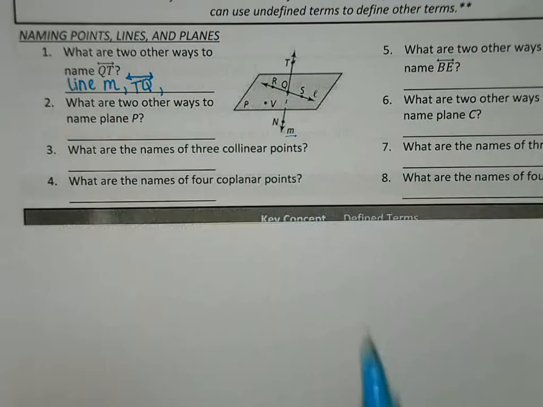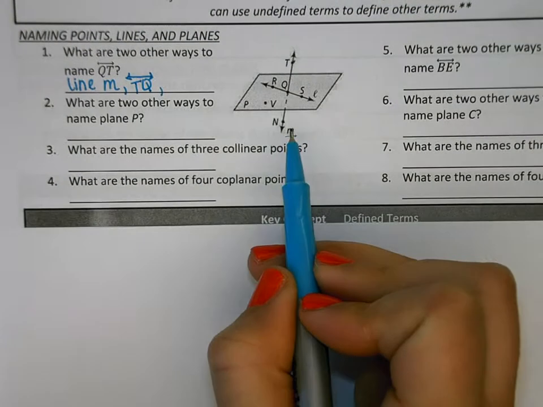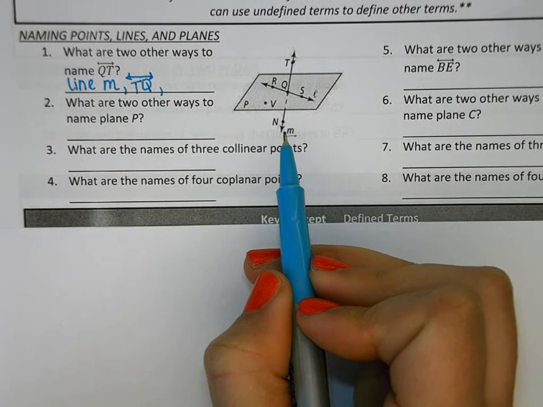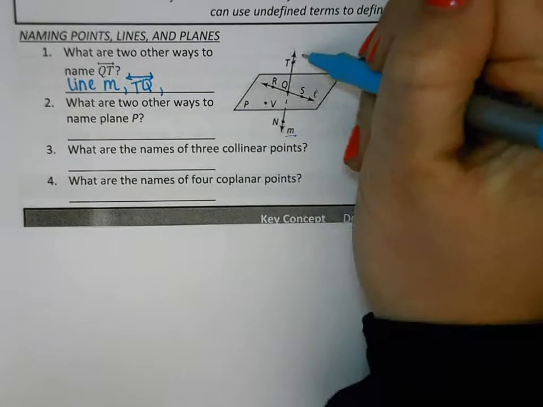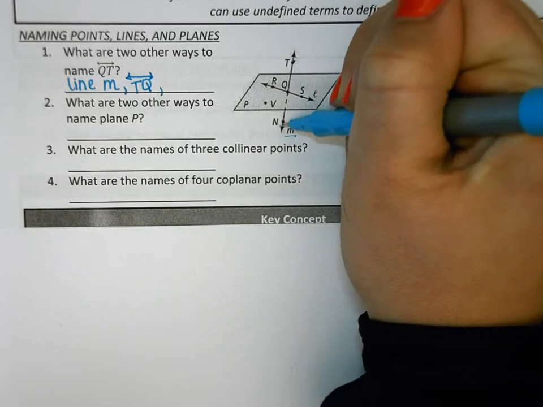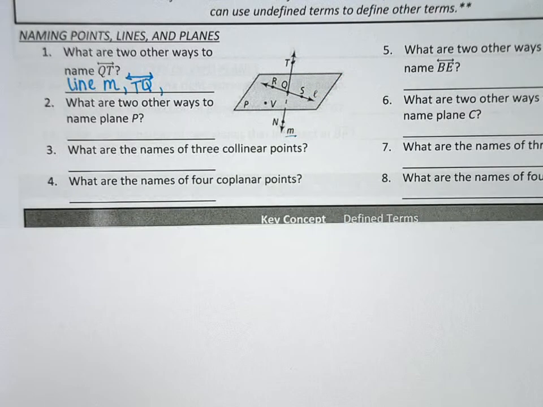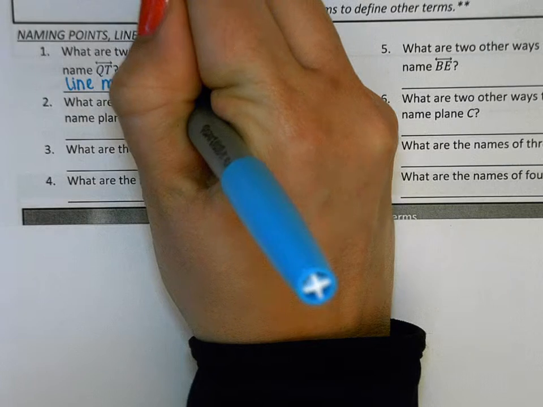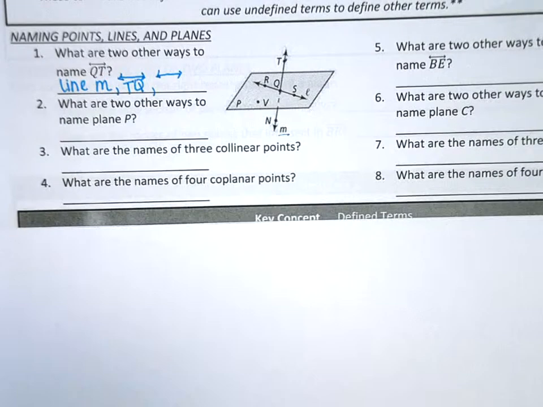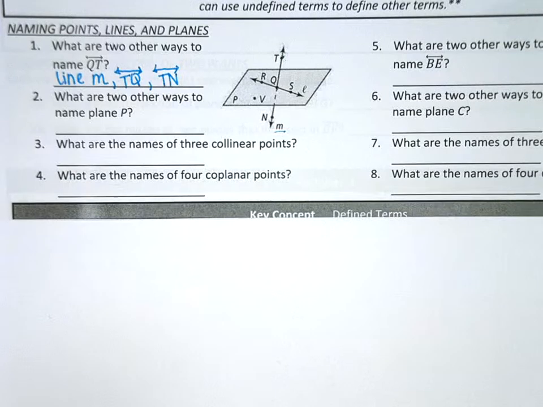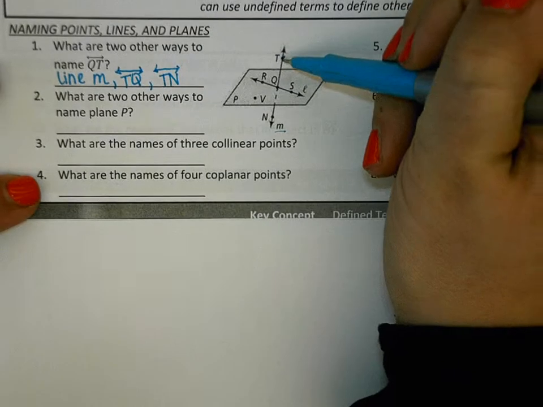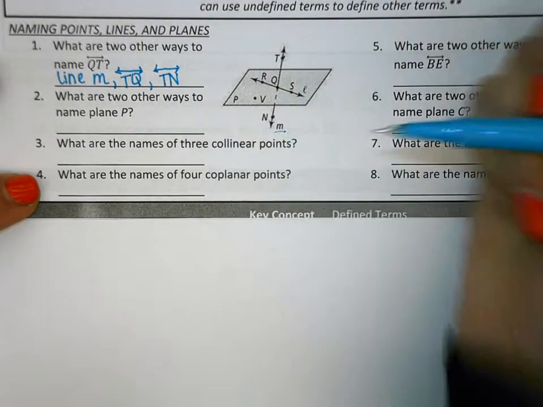Can I use the point N to name the line? I can, because it's on the line, right? Even though this line is not on the plane, it's still a line. So I could also use, say, line TN. So I could call it TN because the line goes through the points T and N. What about line NT?